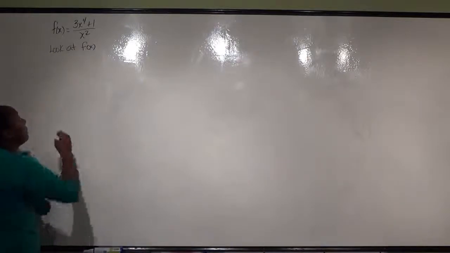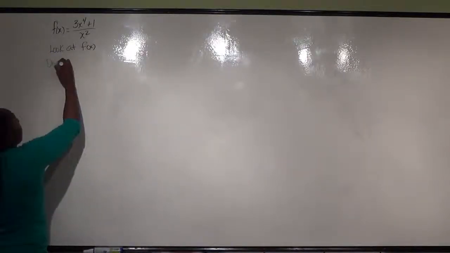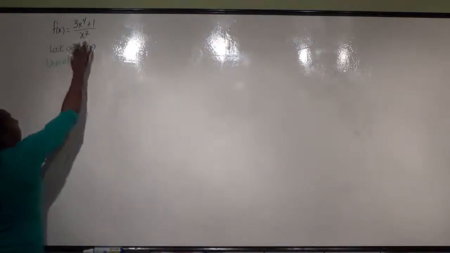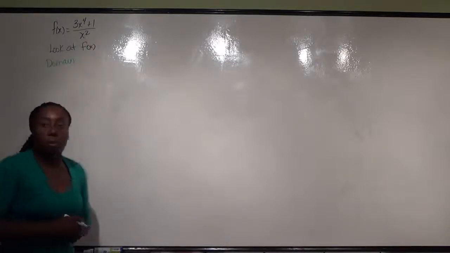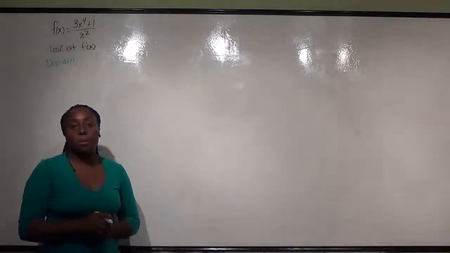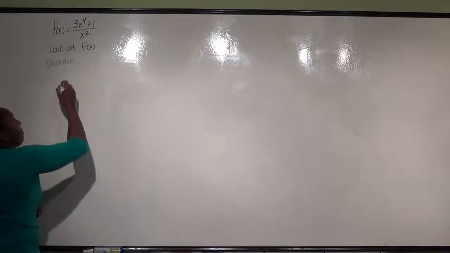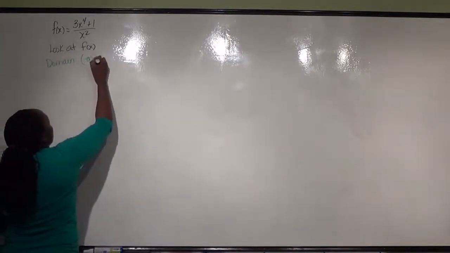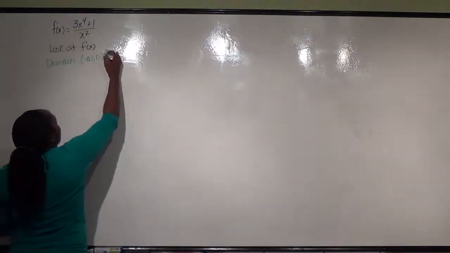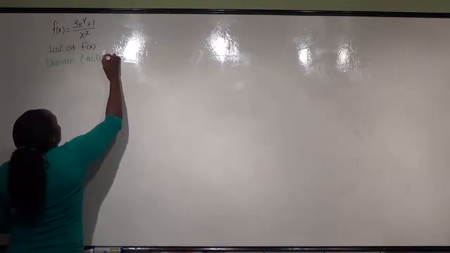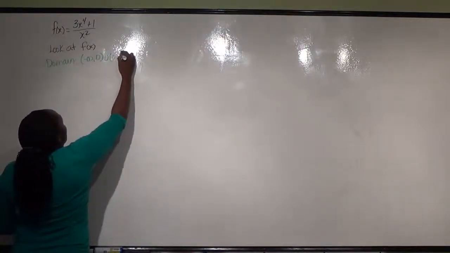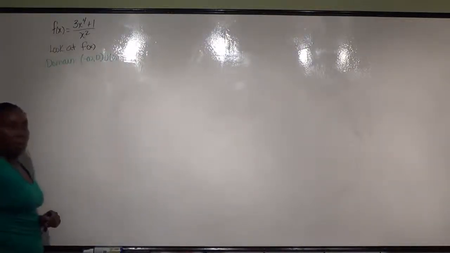So here, if we look at our domain, we notice that x squared in the bottom means that x cannot equal 0. Okay? That seems to be the only problem spot. So negative infinity to 0, union 0 to infinity is going to be our domain.